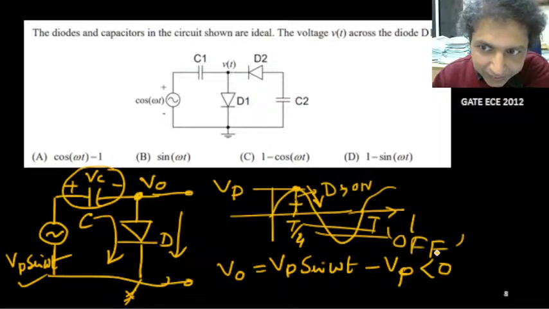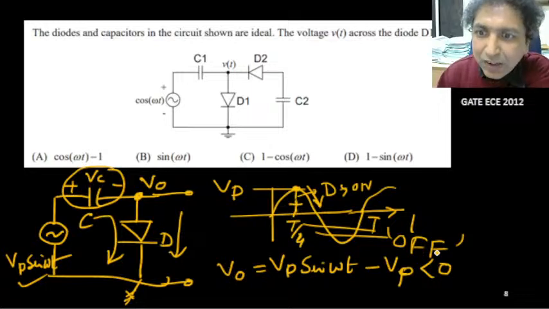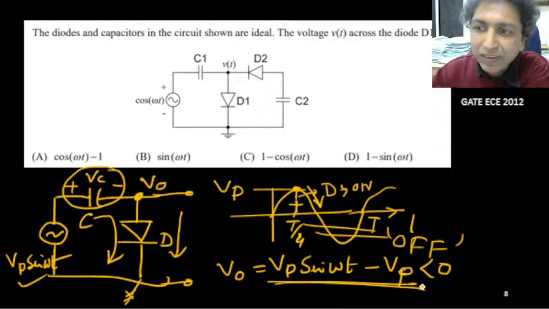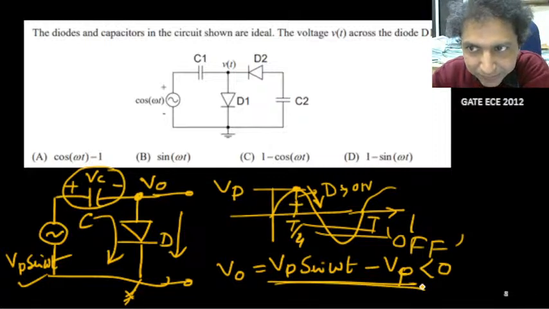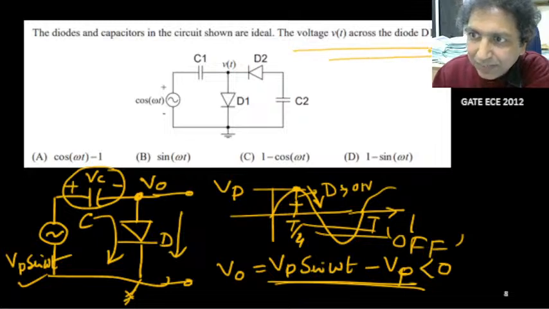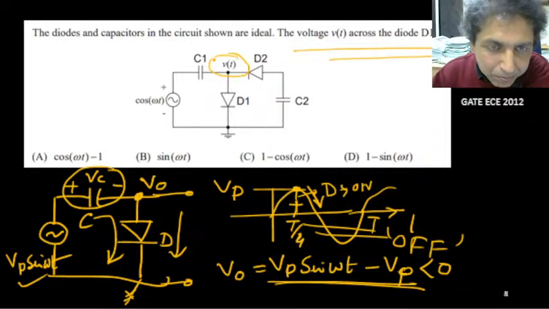So the output voltage will be Vp sin omega t minus Vp. This is your output voltage. And I think this is the only question given here. So what is the potential across Vt? This Vt.